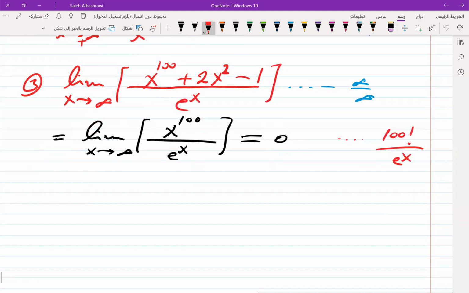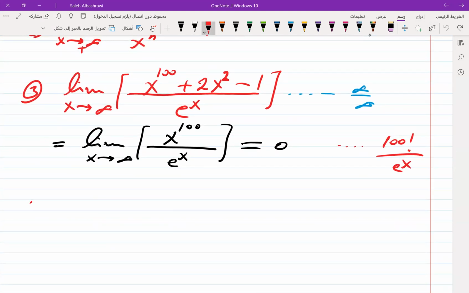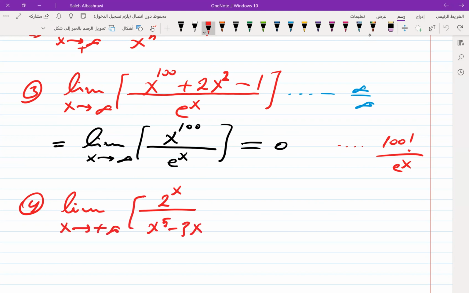One more. Number 4. Find the limit of 2 to the power x divided by x to the power 5 minus 3x, as x goes to plus infinity.